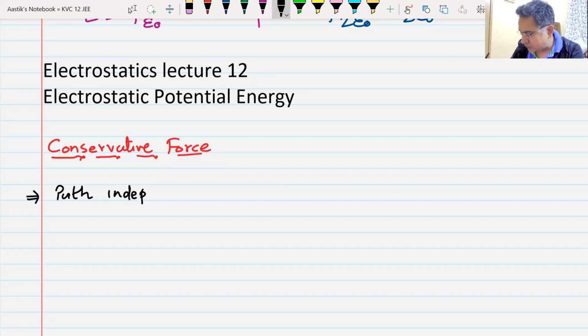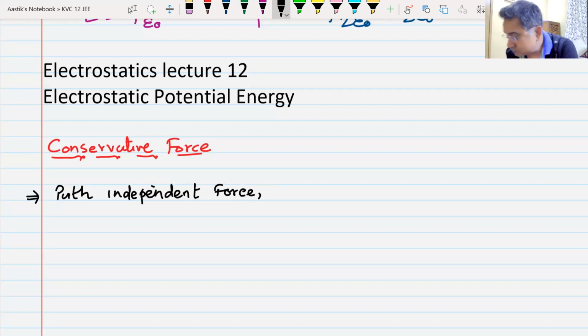What do you mean by a path independent force? The work done by the particle in any path is the same. That's not quite it. See, if you understand something, you have to speak it in the correct way.